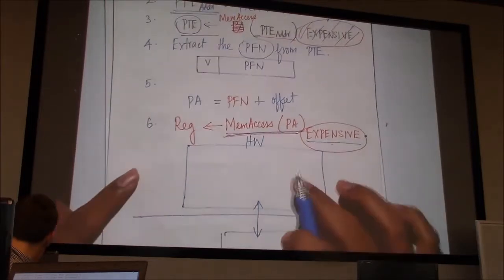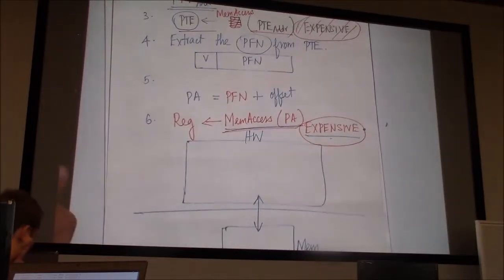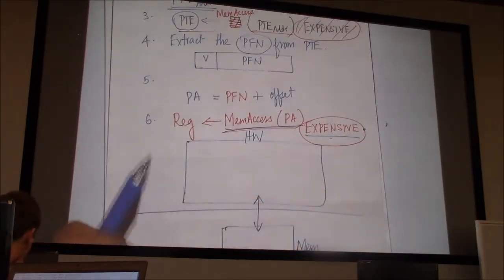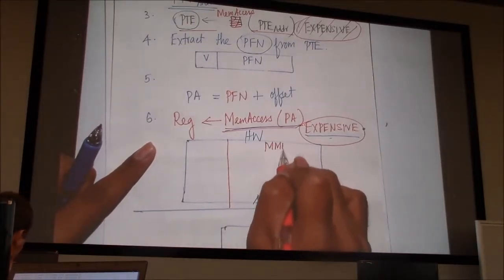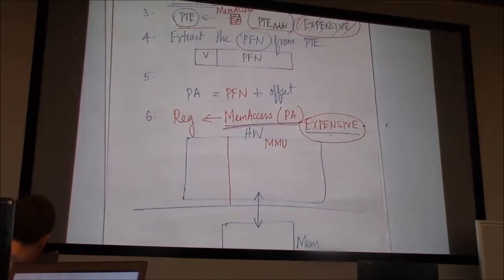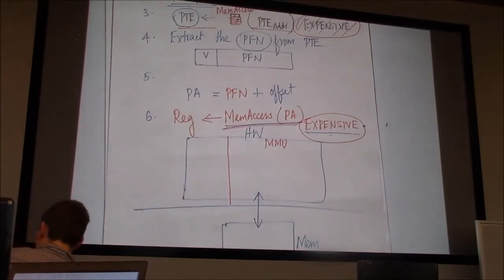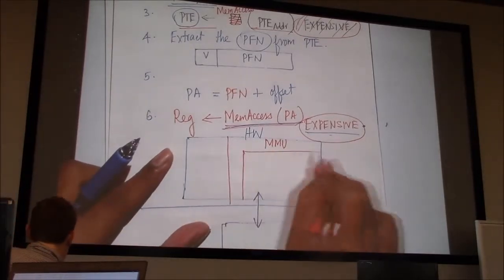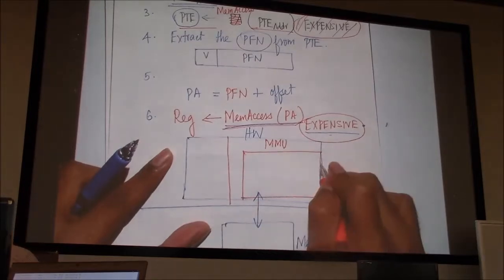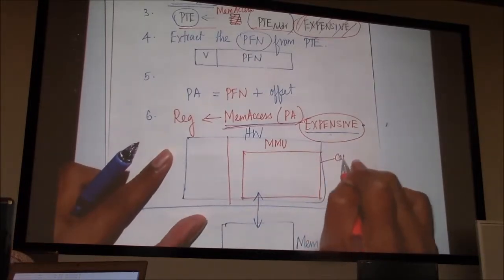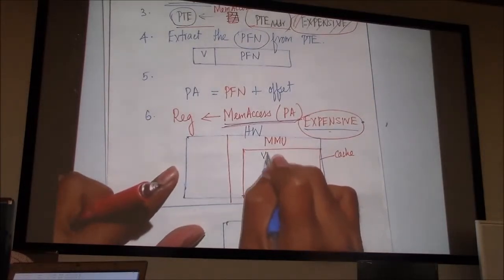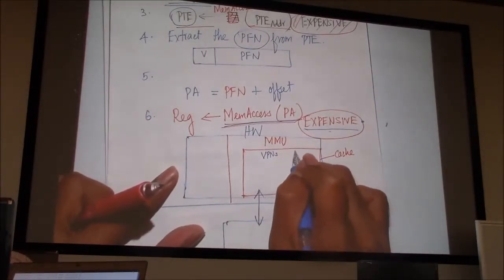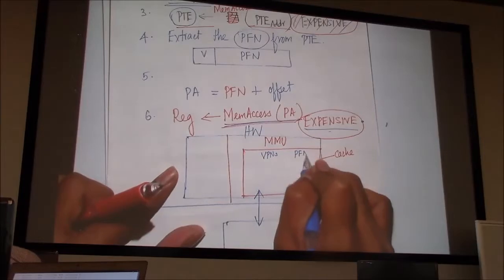Okay, but what we're trying to do is, in our memory management unit, let's assume this is our memory management unit, you can have an address translation cache. You can have a special cache just for storing the address translations between VPNs and PFNs.